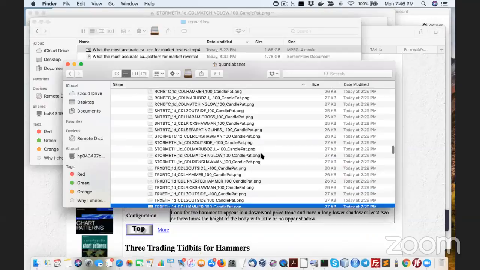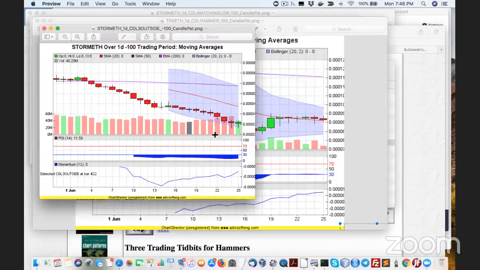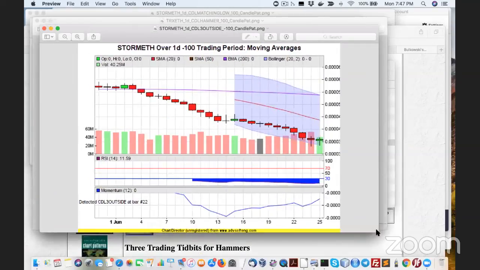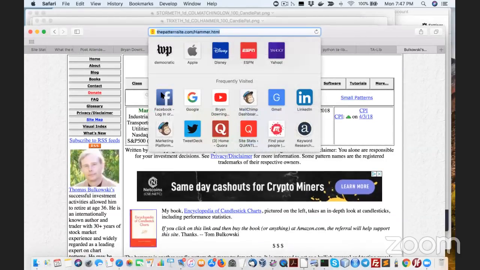Let me just pull up one more just for kicks. The rickshaw I don't use because I find it very unreliable. Same with the harmonic cross. Let me show you the 3 outside. That can be pretty good too. So here we're using Ethereum. We have a bearish bar at bar 22. Let me pull up the info on it.